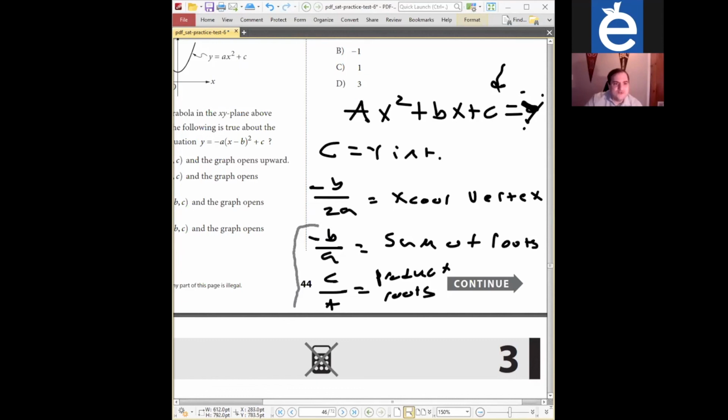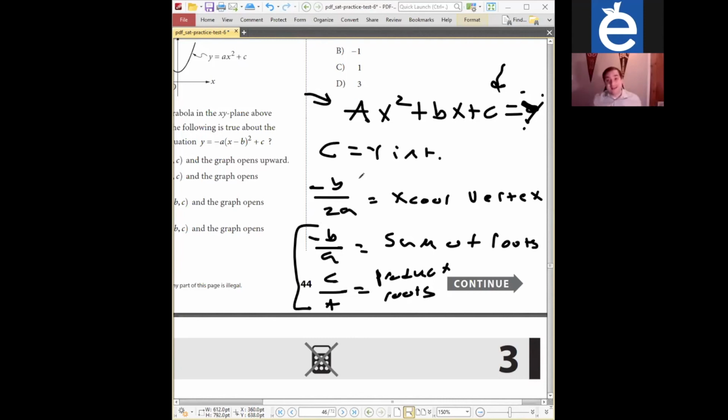Now, you never need to know these. It can make your life very easy if you know them, because they literally have asked questions like, what's the sum of the roots? And if you have this memorized, that becomes a 2-second question. But you never need to know these, because if you've forgotten, you can just solve this using product sum, complete the square, or quadratic equation, and then manually add them together.